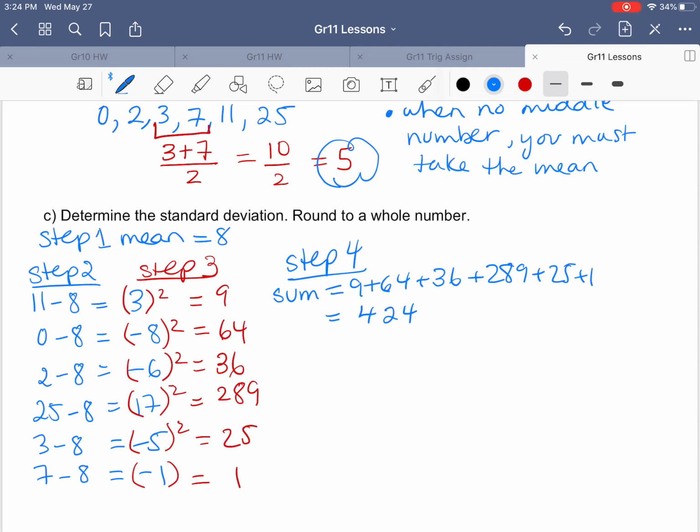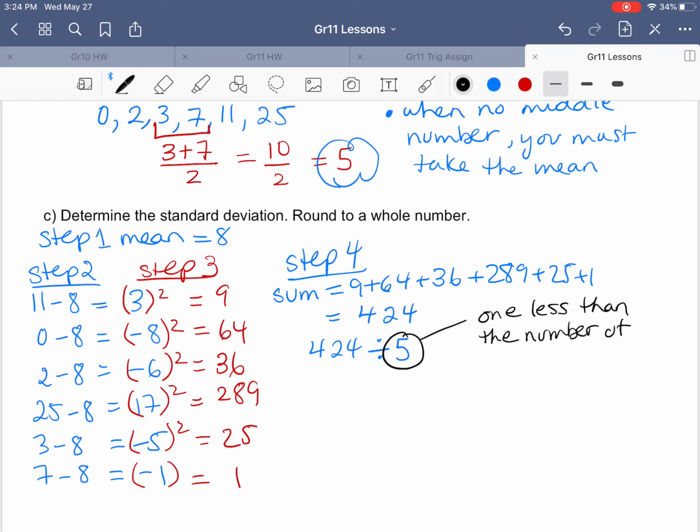That's the first part of step 4. The second part of step 4 is to take that 424 and divide it by 5. This number 5 is 1 less than the number of data points.